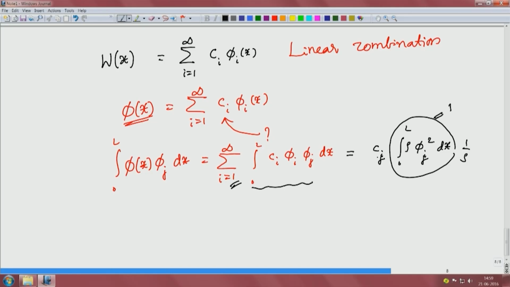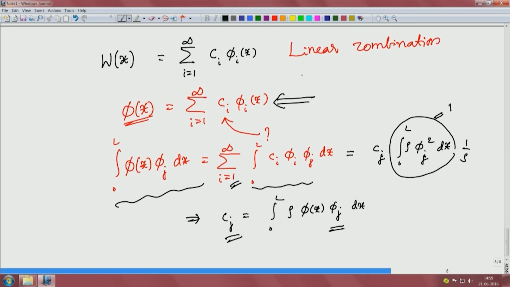So, I get Cj equal to this, or what I get, Cj is integral 0 to L, it is this portion, and then rho 1 over rho goes there, rho phi of x times phi j dx. So, if I know the eigenfunction phi j, I can get the corresponding coefficient, that is Cj, that is going to be in this linear combination.